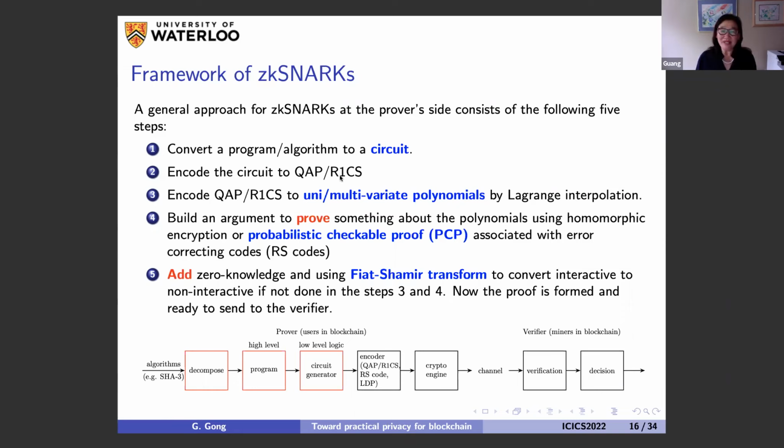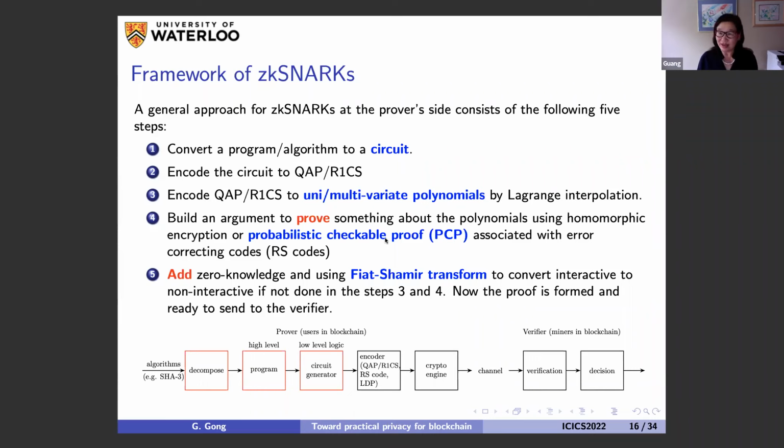Once we have this, we encode it into polynomials, either a univariate polynomial or multivariate polynomials. How can you do this? Lagrange interpolation. This is the kernel part of zkSNARK. You deal with the polynomials, then build an argument to prove something about the polynomials.